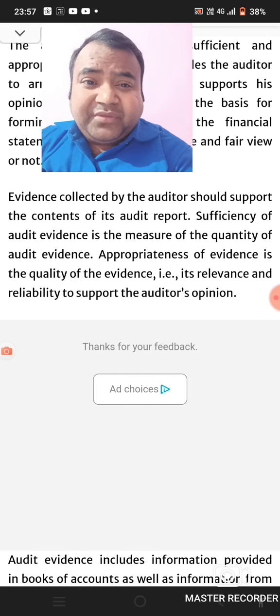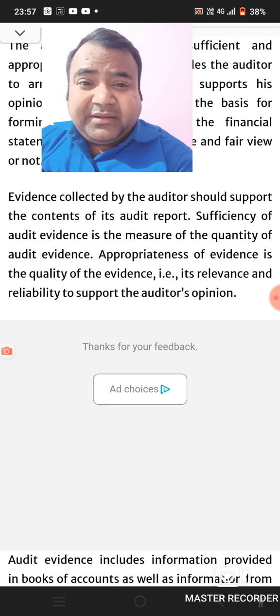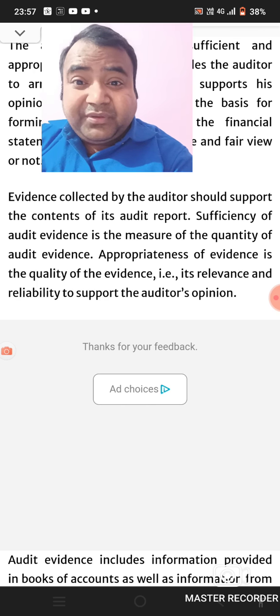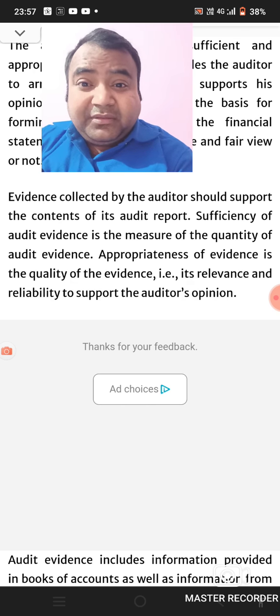And appropriateness of evidence is nothing but the quality of evidence. Whatever evidence is collected, does it have that much quality or not? By quality, we mean reliability.